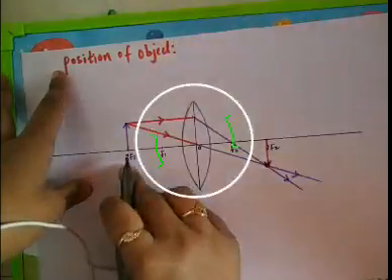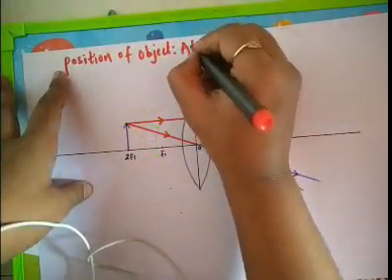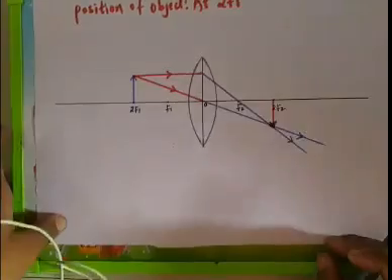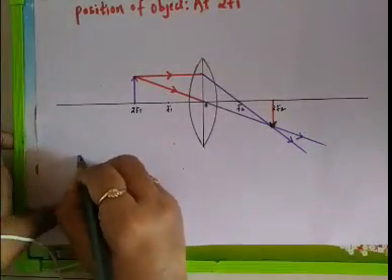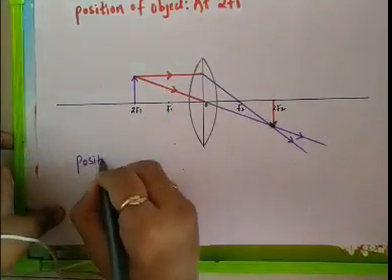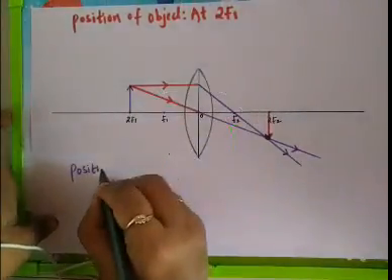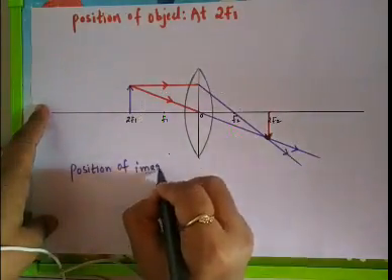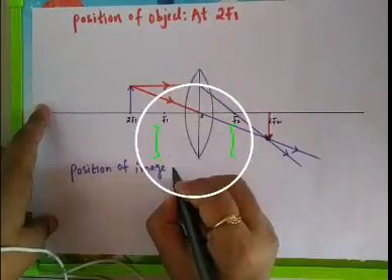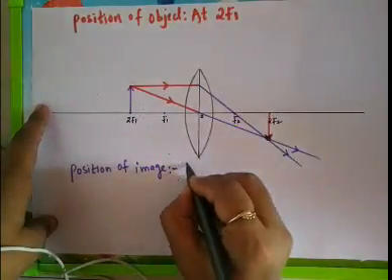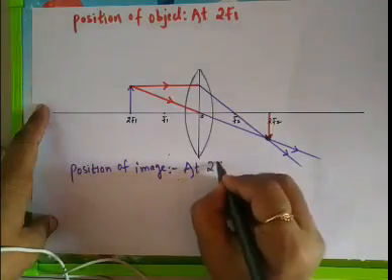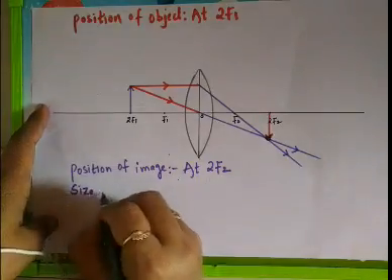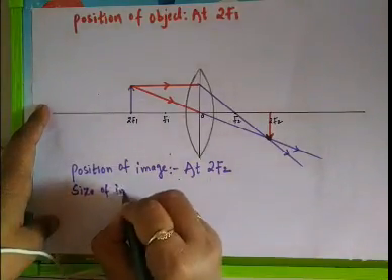I have kept an object at 2F1, so I will write at 2F1. After this, I will write position of image, where the image is forming. Position of image is forming exactly at 2F2. So we will write at 2F2.